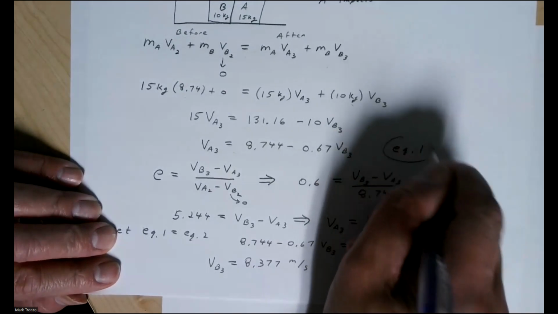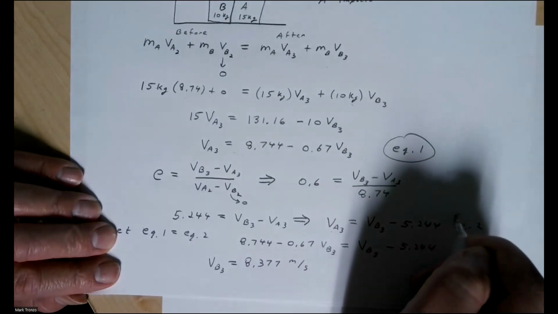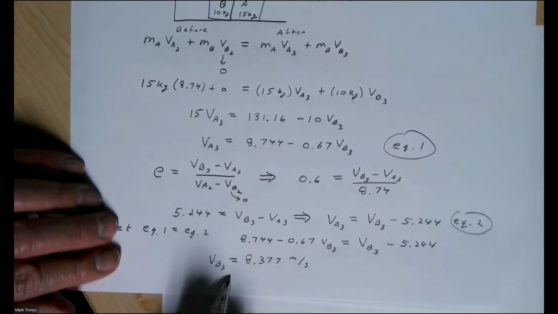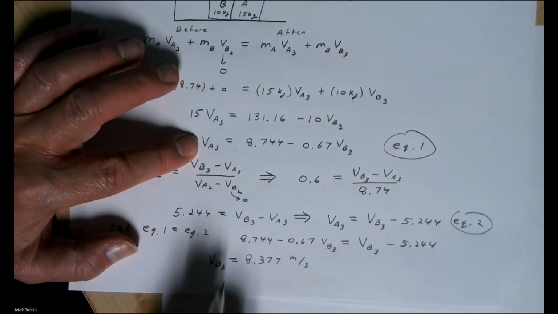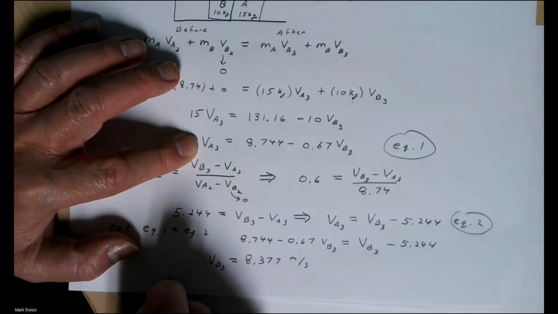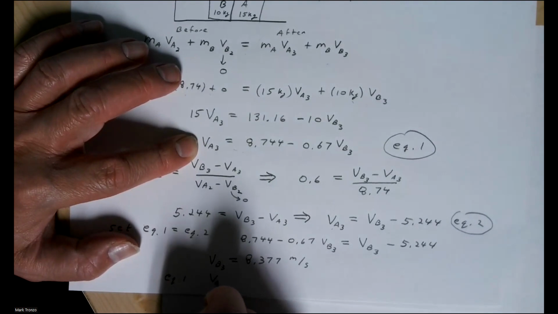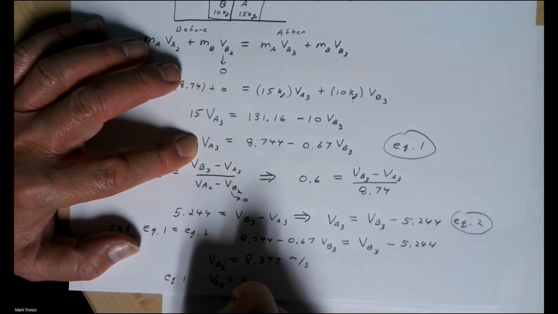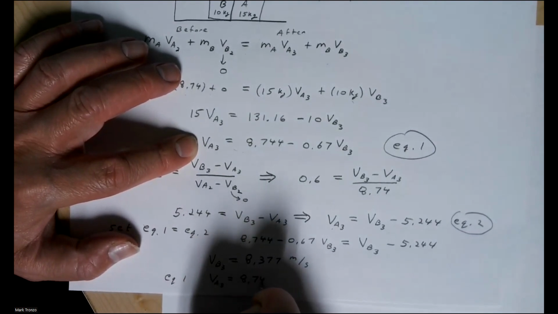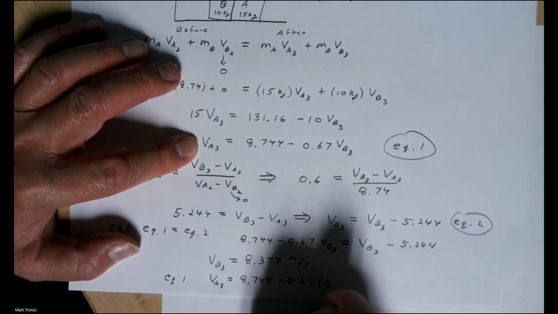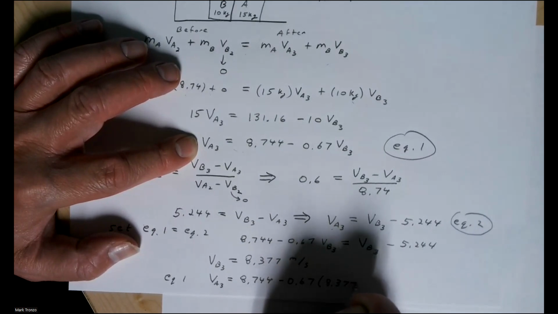Then if we put this into any of the other equations, we can put it either into equation 1 or equation 2 to get VA3. Let me put it into equation 1. VA3 is equal to 8.744 times 0.67 times 8.377.